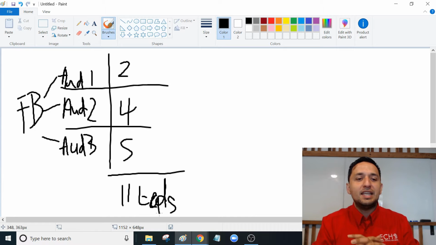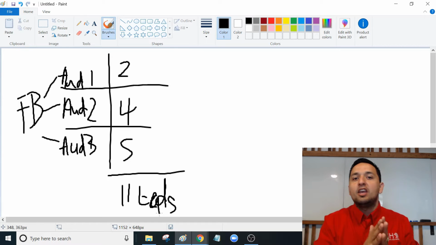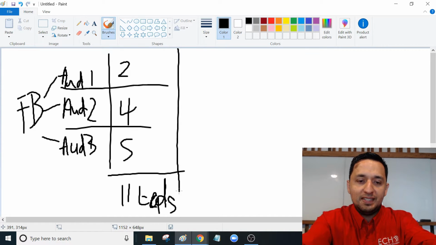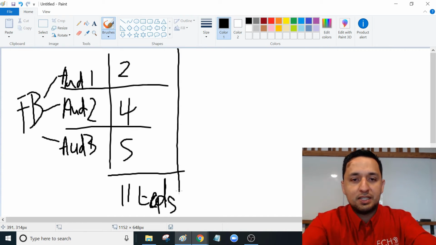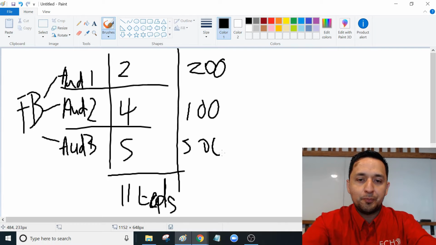For these 11 leads, 100 people may be engaged with the ad, 200 people may be engaged with their ad, 500, you don't know how effective this ad copy was. So we're going to say 200 people engaged or interacted to get those 2 leads. Here, they were amazing with their ad copy and had 100 people engaged. Here, they had 500 people.